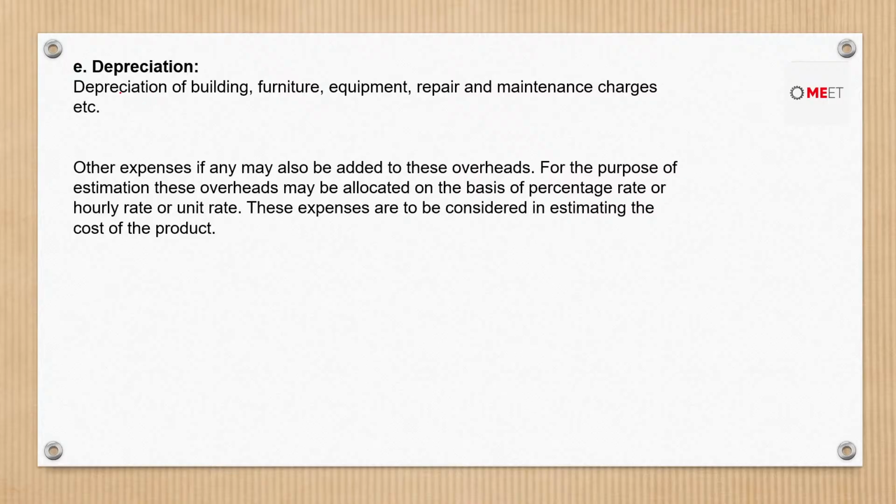Next overhead would be depreciation. Depreciation would happen on a building or the premises. Next could be furniture which is being used. Next is equipment repair and maintenance charges. Depreciation also includes equipment, as the equipment is going to have wear and tear.